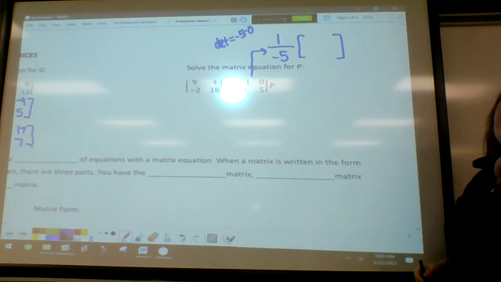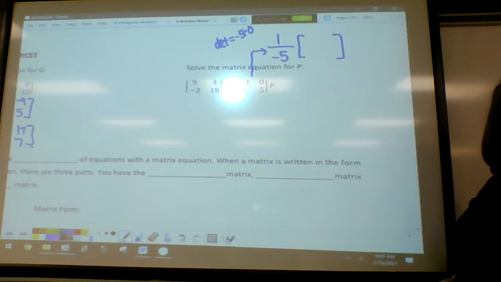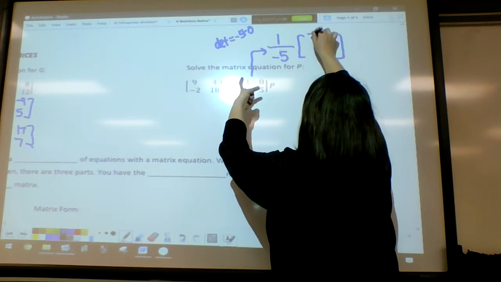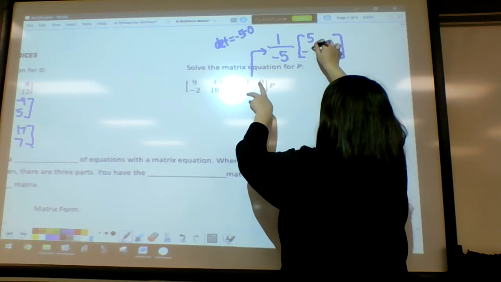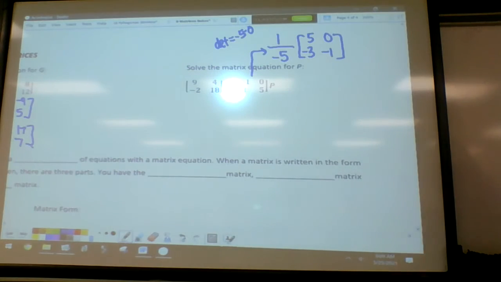And then what do we do for that inverse matrix again? Yeah, switch these two spots, right? So this becomes a 5 and a negative 1. And then you switch signs, so that's negative 3, and then 0 is just 0, right?